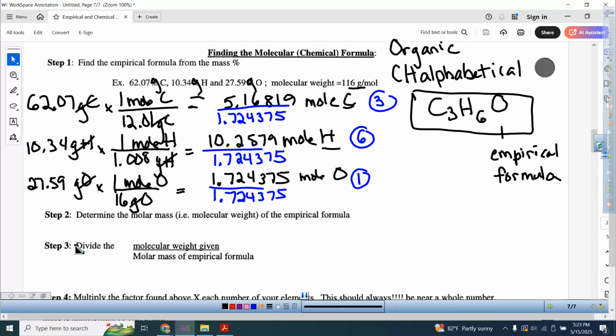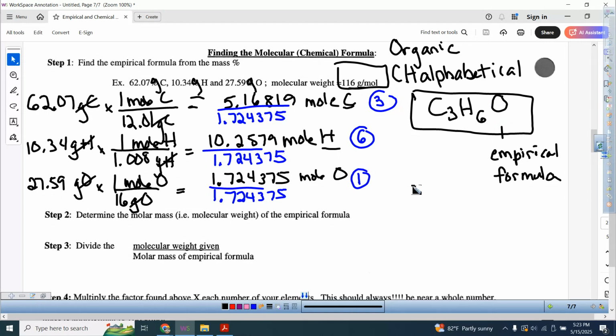Okay, our next step is we want to see if my grams per mole matches up to what was provided for me. If the grams per mole of this compound is 116, then the chemical formula or molecular formula is the same as the empirical formula. So what I'm going to do is add this up and see what I get.